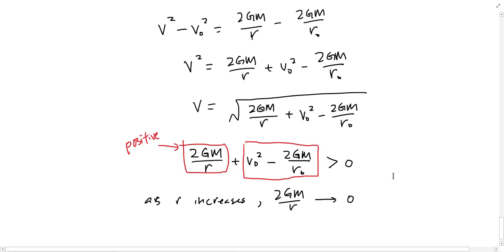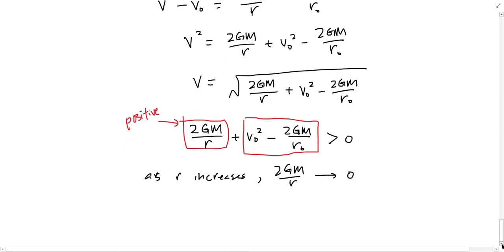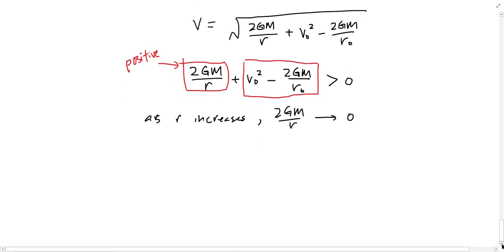So that's what we want to avoid. Therefore, at the bare minimum, what we need is for this part, v sub 0 squared minus 2gM over r sub 0, to be positive also. If that's the case, then we'll have a positive number plus a positive number, therefore guaranteeing that what we have under the radical would be positive.